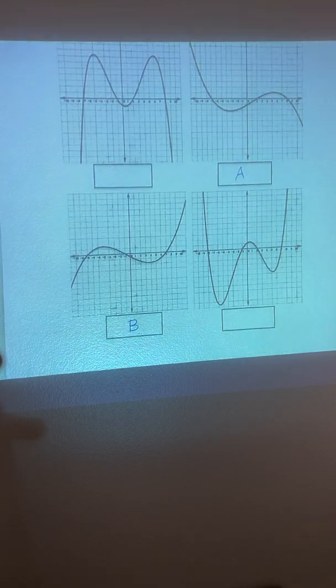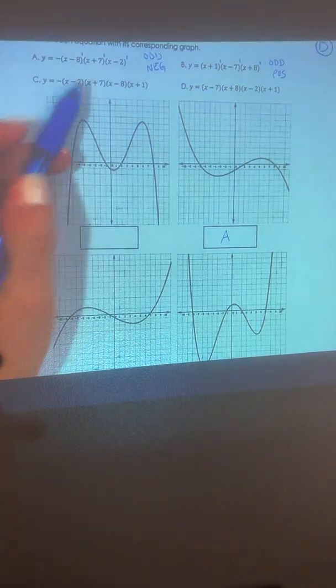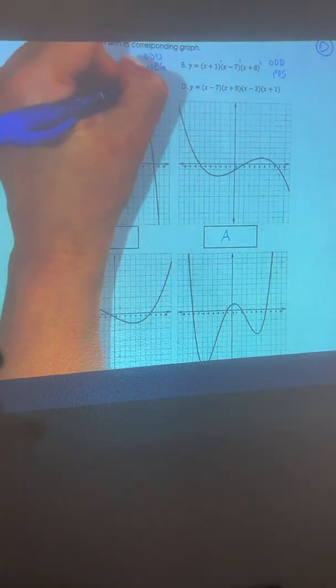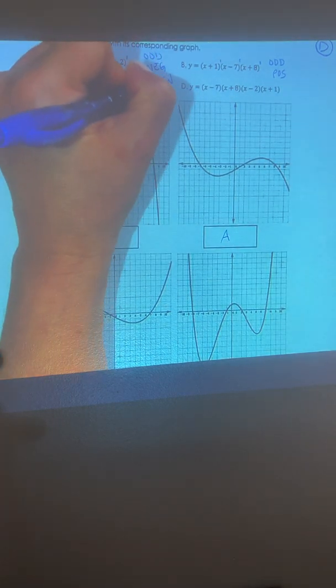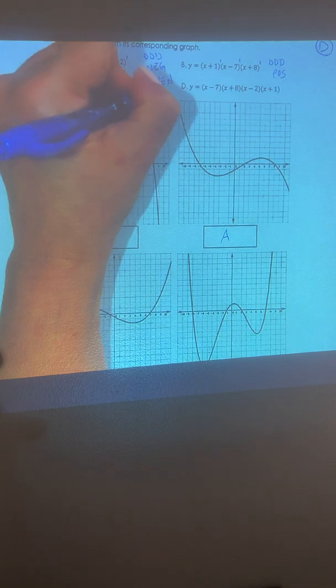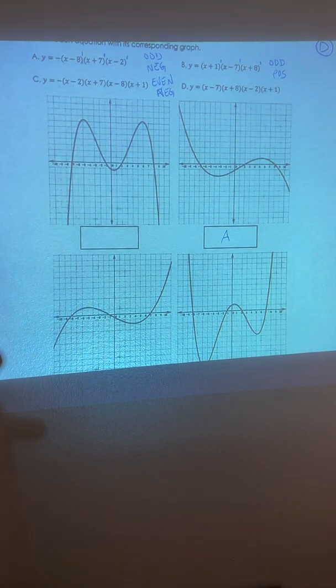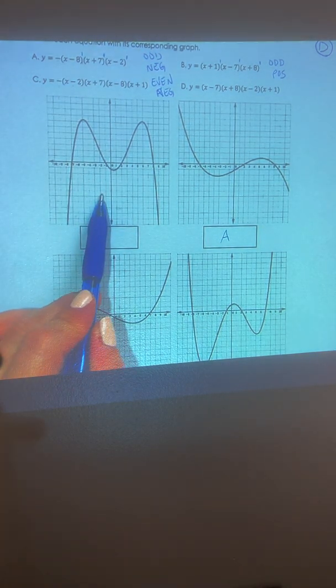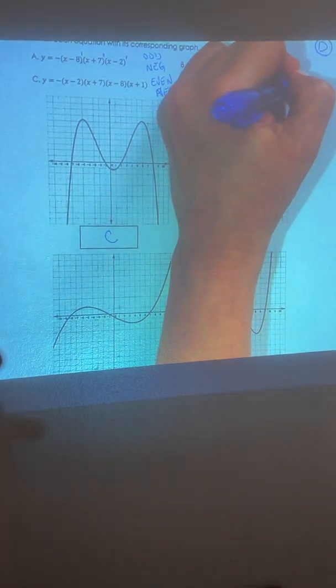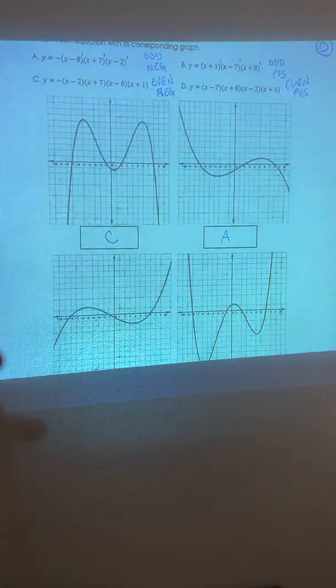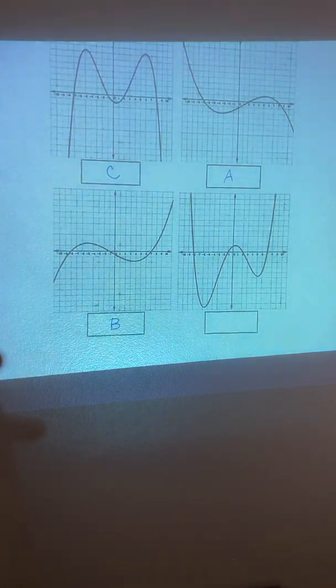It's that one. Okay, then we got 1, 2, 3, 4. This is even, negative. Which one's even negative? There we go, even negative. And obviously this one is even positive. That's even positive. And here we go.